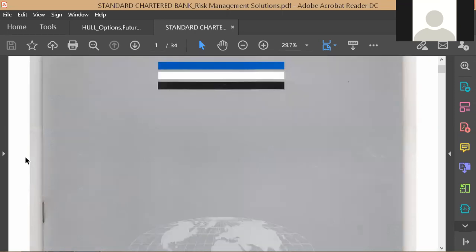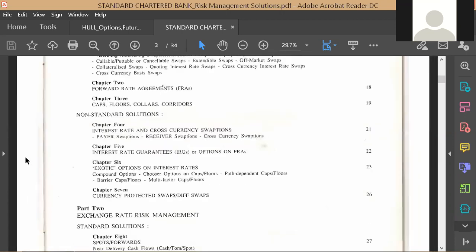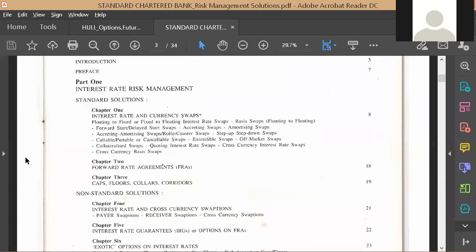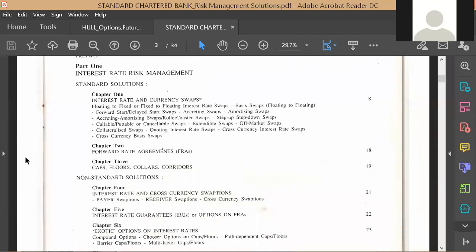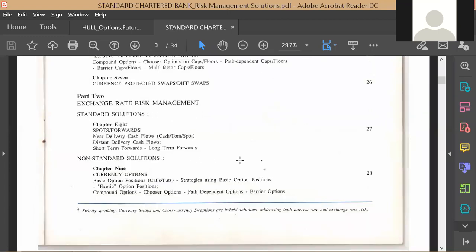There is no such comprehensive taxonomy of products on interest rate risk management, and in most textbooks you won't find this kind of comprehensive taxonomy. So it's very useful to look at this page and get an understanding of all the products that exist.